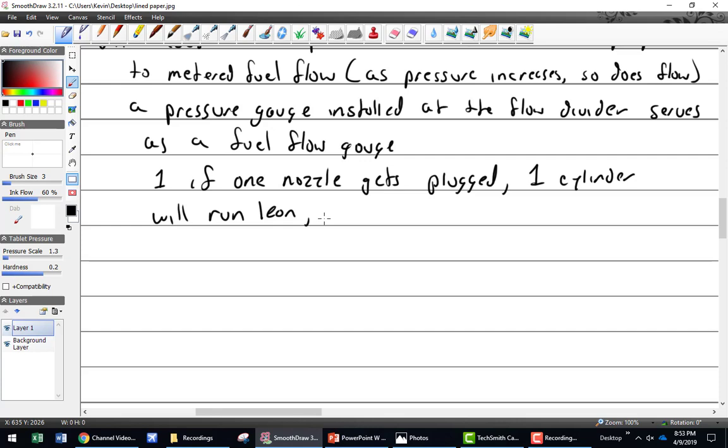Things are getting backed up a little bit, so your pressure gauge is gonna go up. Now you've got more pressure in the system. What does more pressure in the system mean to the other three cylinders, say it's a 4-cylinder? They're going to get more fuel. So one cylinder's got to run lean, and all the others run rich.